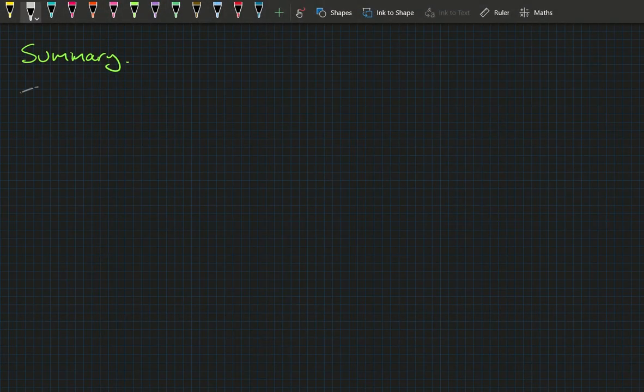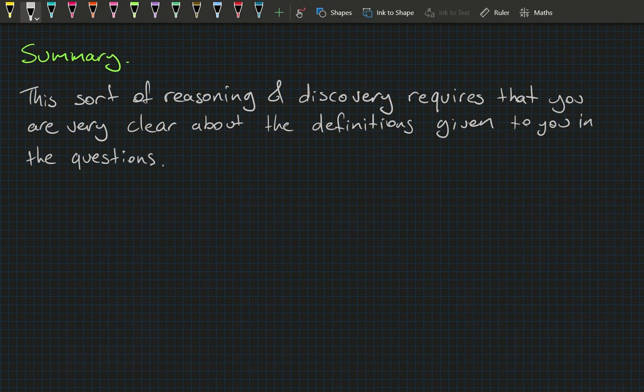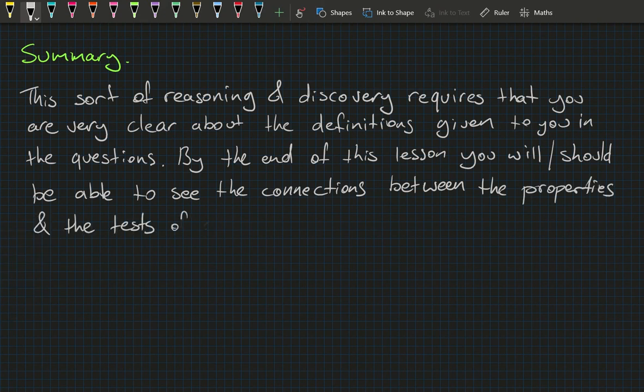Okay, welcome to the summary. I just want you to be clear that this sort of reasoning and discovery requires that you're very clear about the definitions given to you in the questions. By the end of this lesson, you should be able to see the connections between the properties and the tests of quadrilaterals.